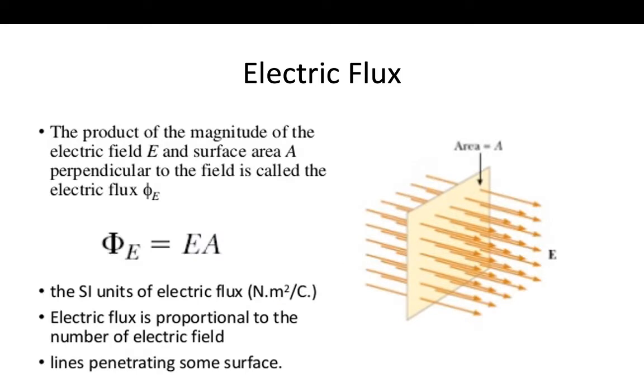It is the product of magnitude, and it can be measured by EA, because electric flux is directly proportional to the number of electric field lines, and its SI unit is Newton meter square per coulomb.